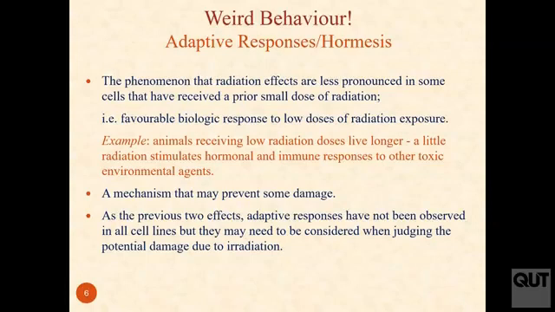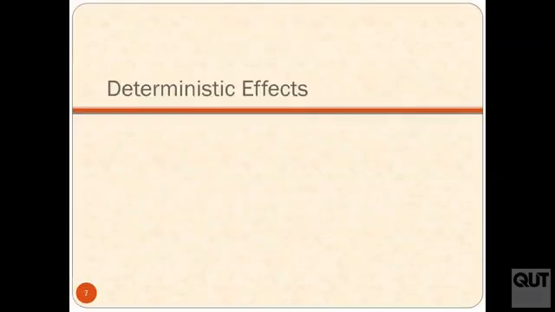It's believed that this might be caused by cells, when they repair themselves, stimulating a hormonal and immune response to other toxic agents as well. So that was just a little bit of a detour there.